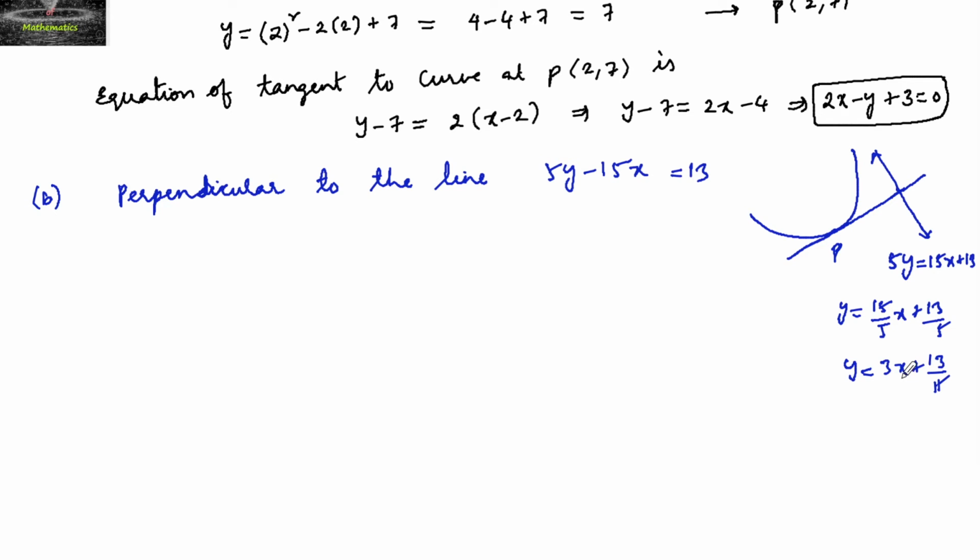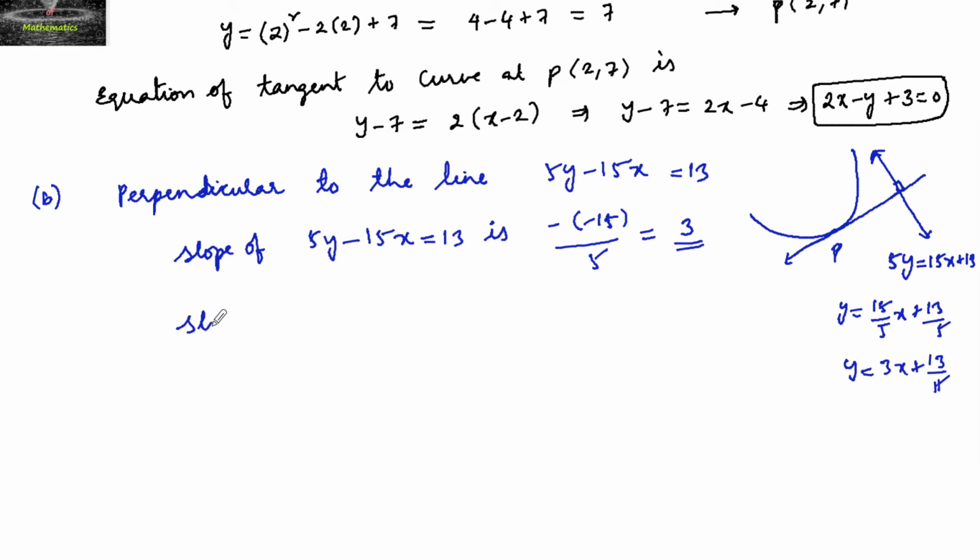So it is in the form y is equal to mx plus c, whose slope is 3. We can also use the formula minus a by b, negative coefficient of x divided by coefficient of y, that is minus of minus 15 upon 5, that is 3.